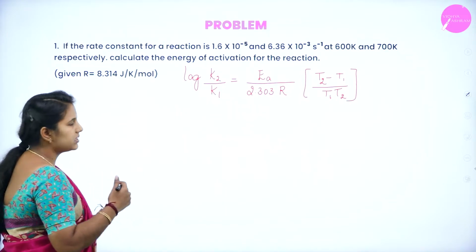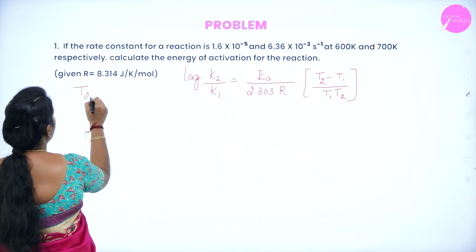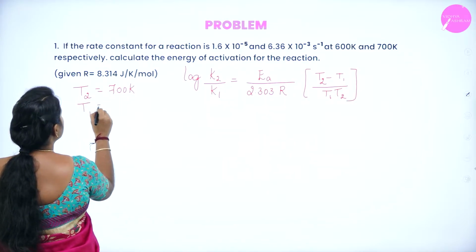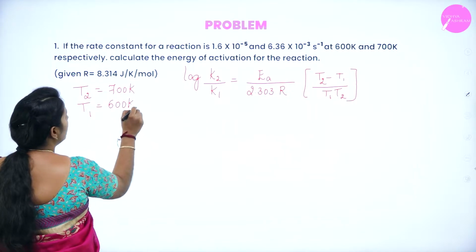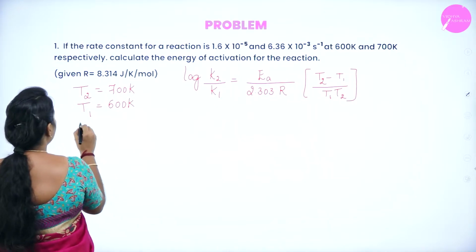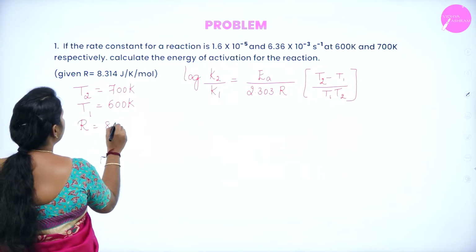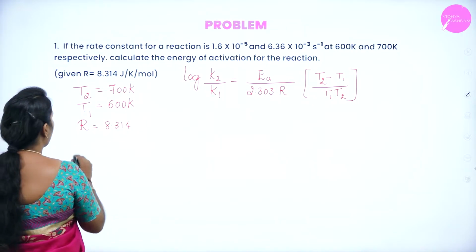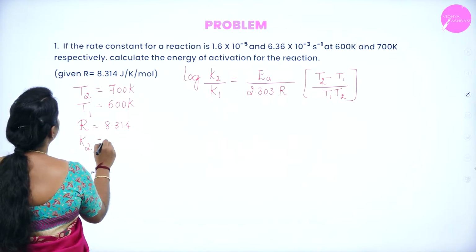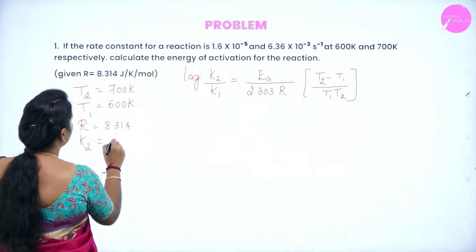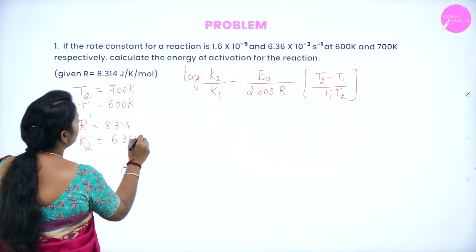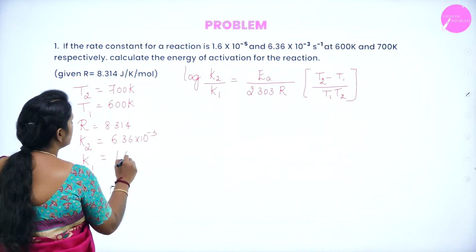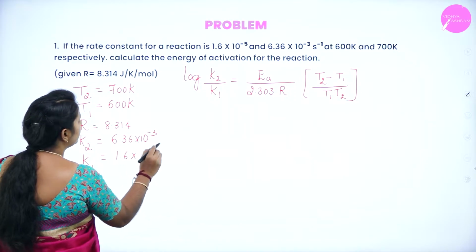The larger temperature is T2, so T2 is 700 Kelvin and T1 is 600 Kelvin. Is it right? And they have given the R value, 8.314 joules per Kelvin per mole, and also the K2 and K1 values. K2 is 6.36 into 10 to the power of minus 3, and K1 is 1.6 into 10 to the power of minus 5.